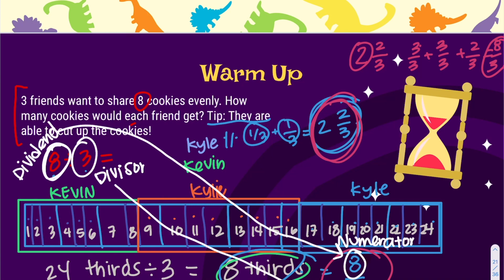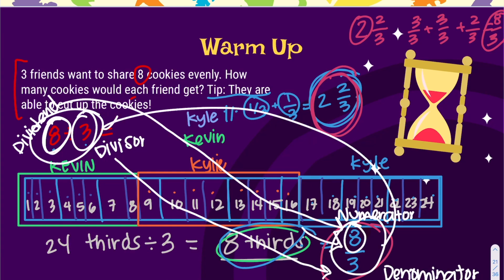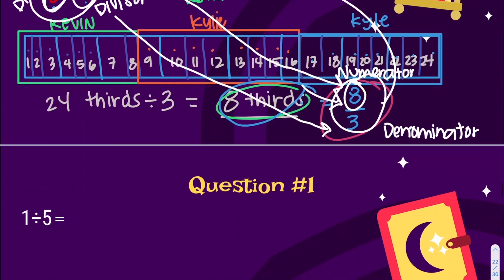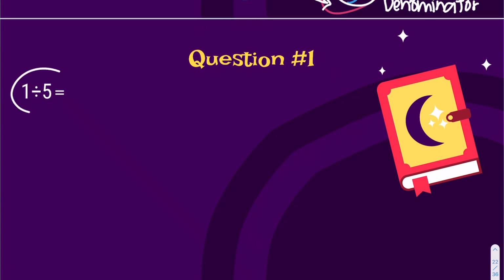So this is what we're trying to teach you guys, is that a division sentence is also a fraction, and a fraction is also a division sentence. So we're going to continue practicing this new information. We're just trying to figure out if this is true, if we can write this division sentence into a fraction. And let's go ahead and test it out.